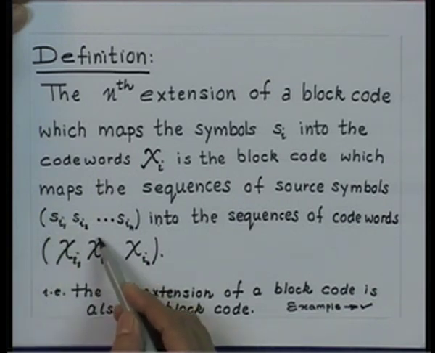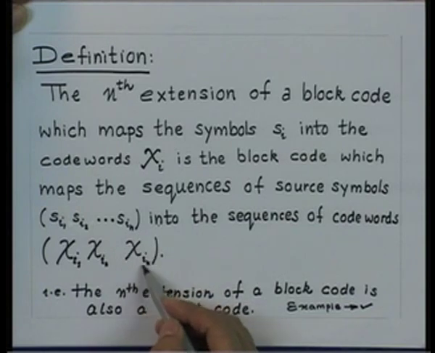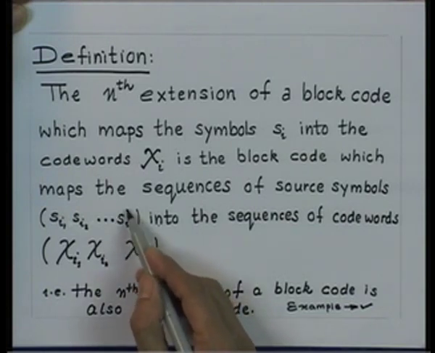Similarly, Xi2 is the corresponding code word for Si2, and finally Xin is the corresponding code word for the symbol Sin.